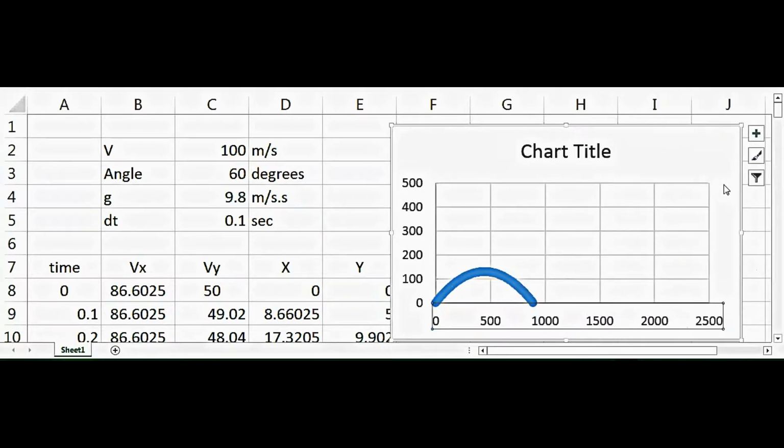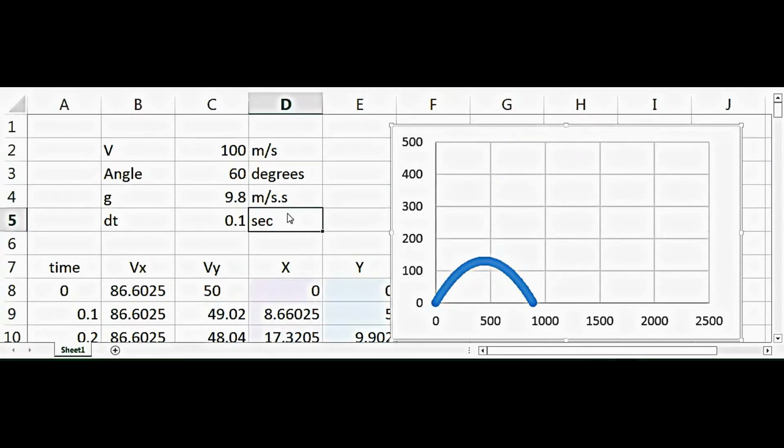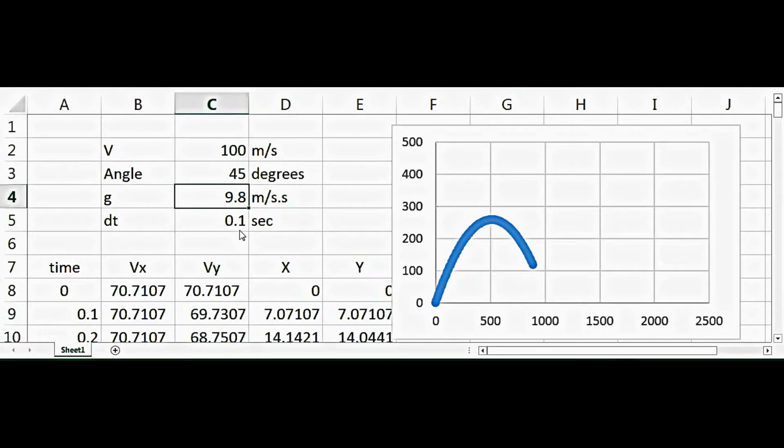Now I can change these numbers and look at how the ball will move in the air. So let's say I change the angle to 45 degrees. You can see that the simulation is not complete, so I should simulate it more.